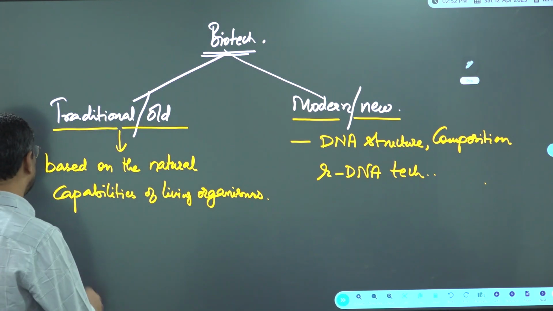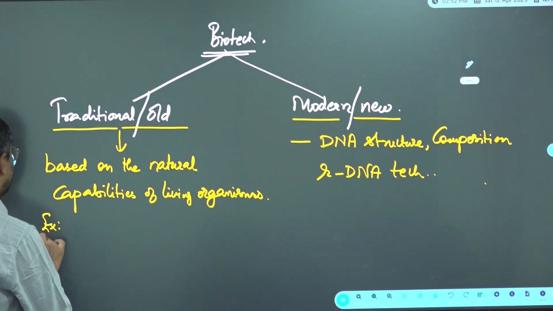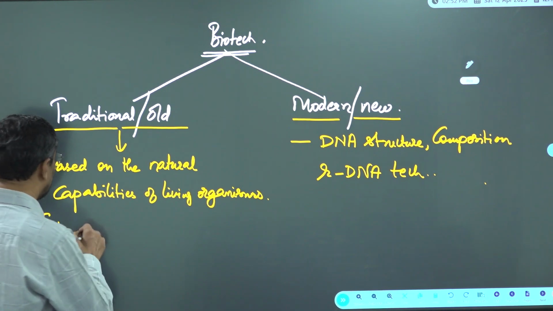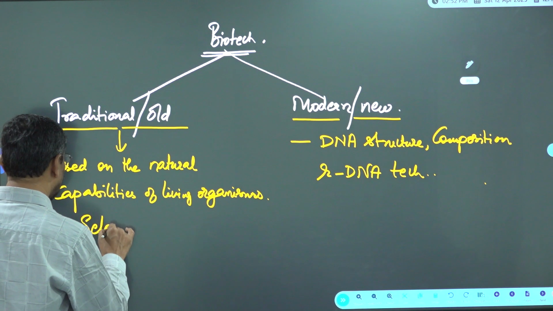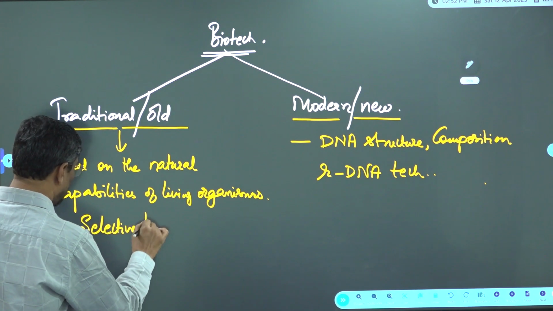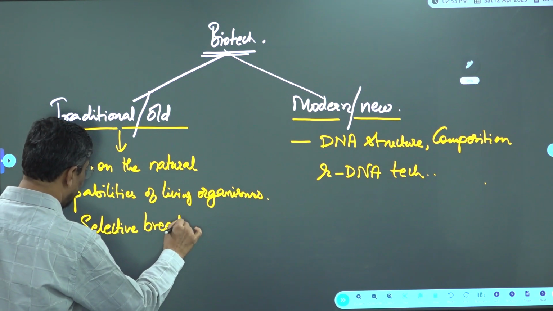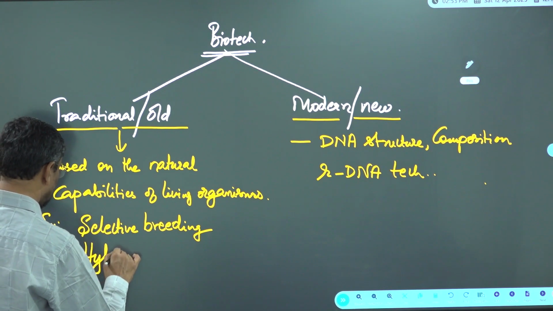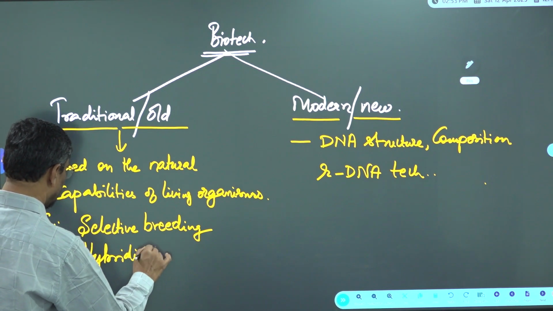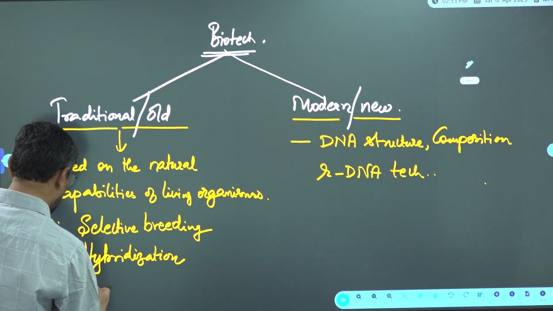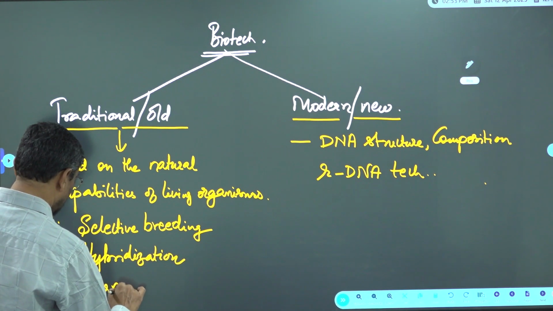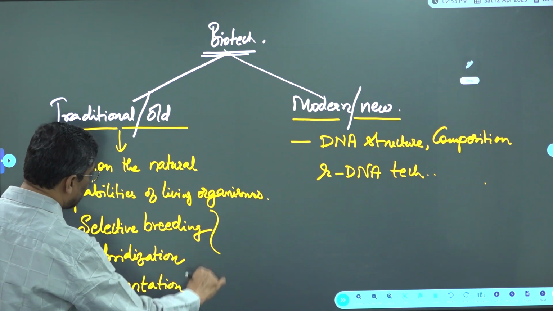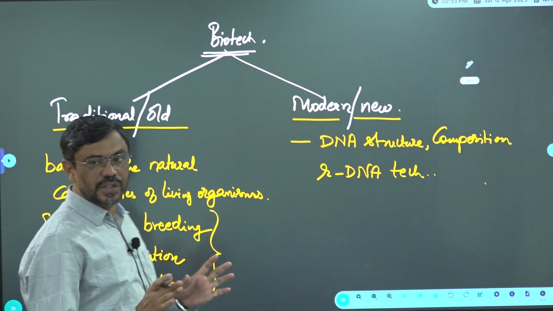In traditional biotechnology, we use various types of traditional techniques like selective breeding, hybridization process, and fermentation. These are all based on the natural capabilities, characteristic features of the living organism.